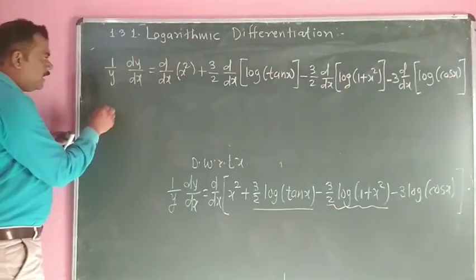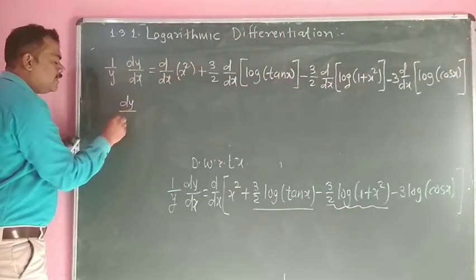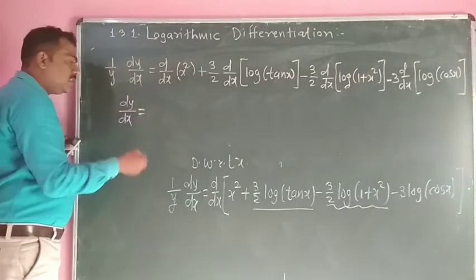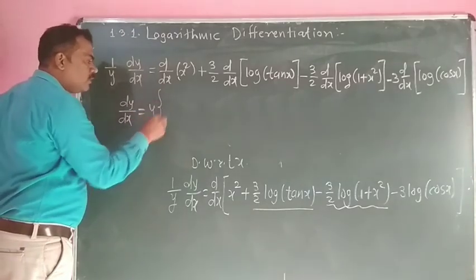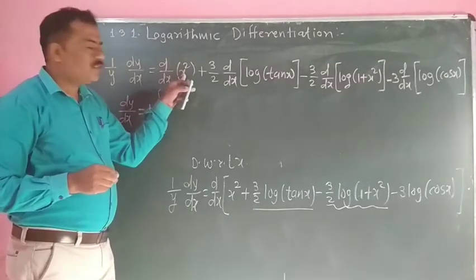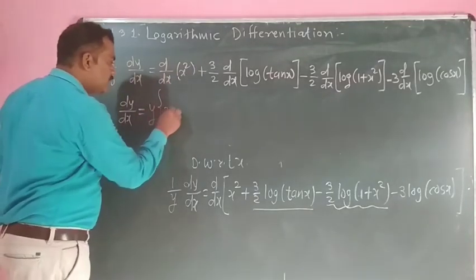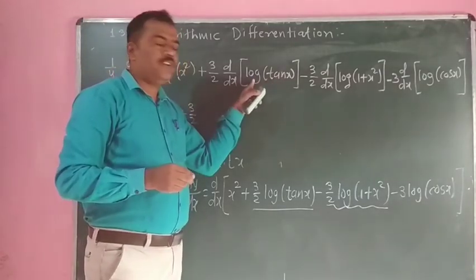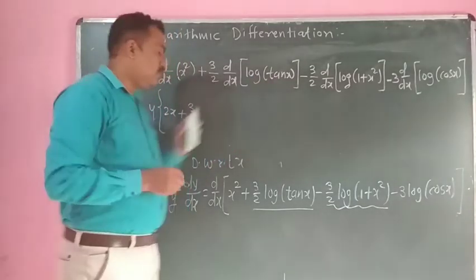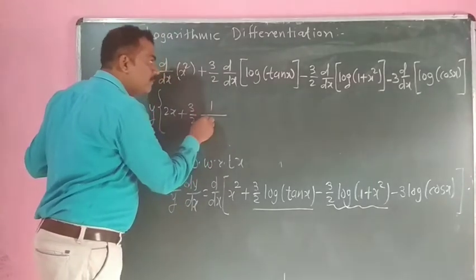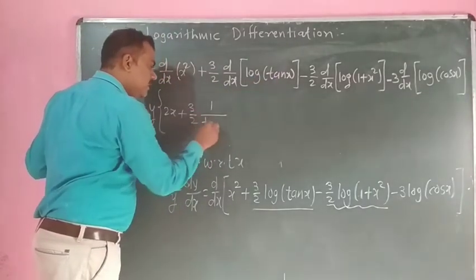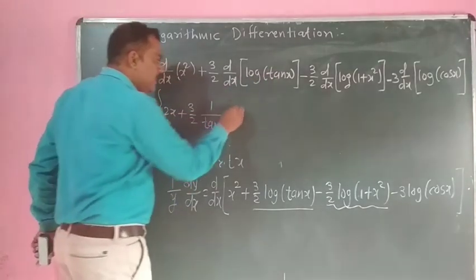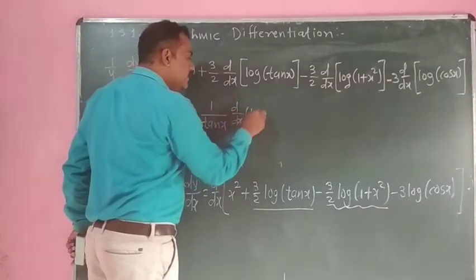Now dy by dx is equal to, here y is divided, so on the other side it must be multiplied, that is y into the derivative of x square. What is the differentiation of x square? 2x, plus 3 by 2 into d dx of log of tan x. First we differentiate the log. What is the derivative of log? Derivative of log x is 1 upon x. Here instead of x, tan x is there, so 1 upon tan x, into d dx of tan x.